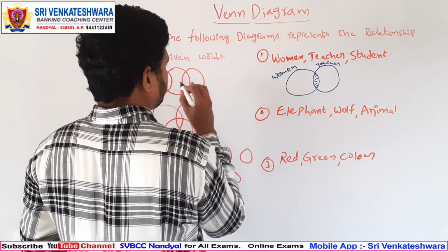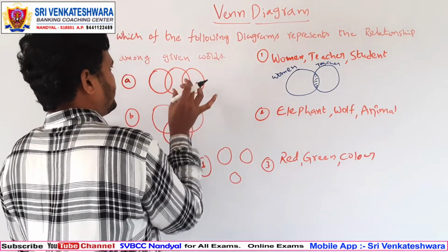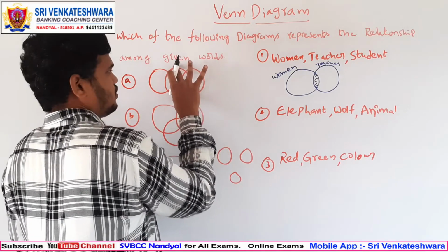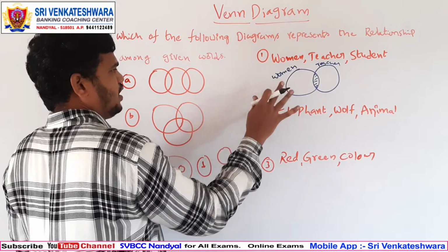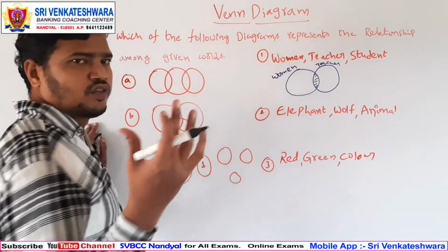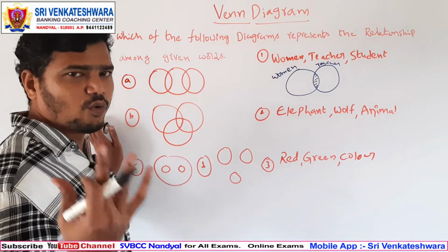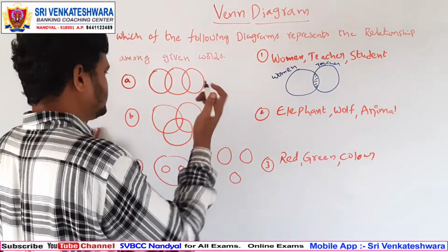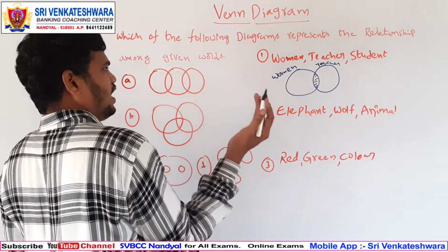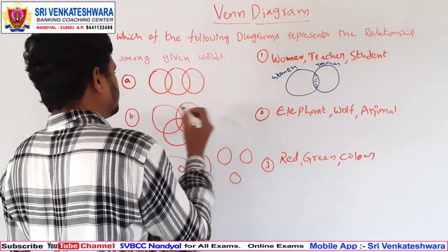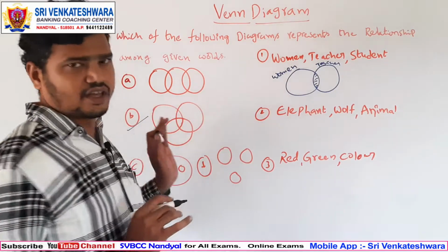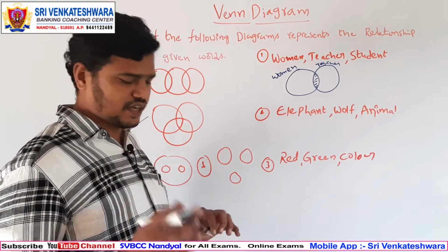For example, this is a woman, the above age, we can call as women. Students, we can have both. Which one should be here, A or B? So option B is correct for this one.